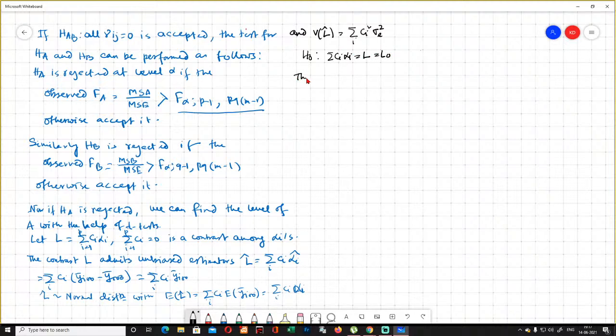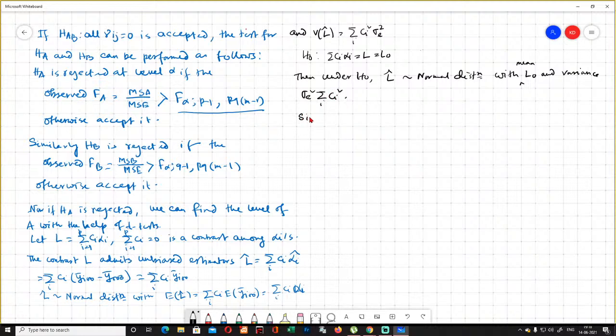Then under H naught, L hat follows a normal distribution with mean L naught and variance sigma squared times the sum over i of c_i squared.